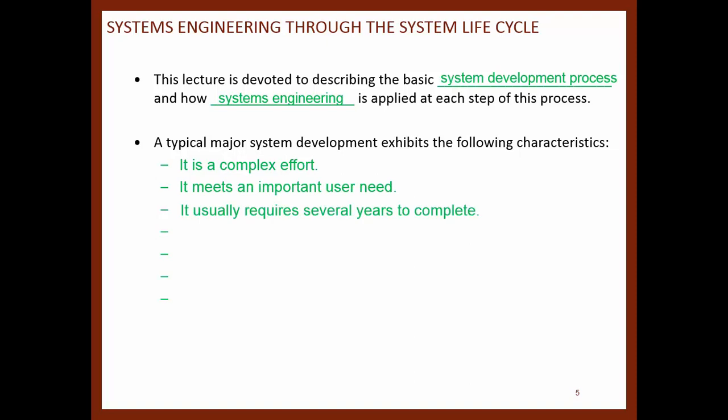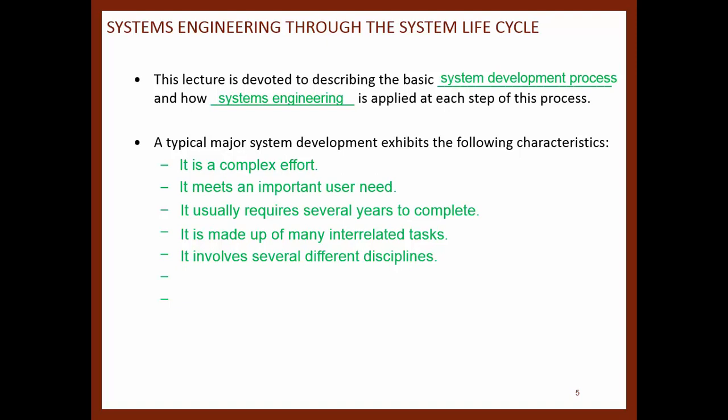No. It has to meet an important user need, specifically for society. It usually requires several years to complete, so this is a major effort. It's not something that you can sit down and complete in one day. It's made up of many interrelated tasks. It involves several different disciplines, so it's a multidisciplinary effort.